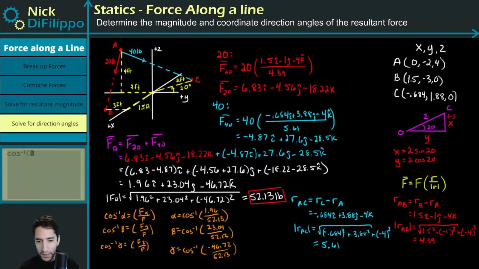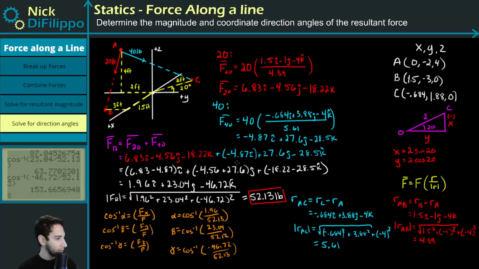So we have the inverse cosine of 1.96 divided by 52.13. The inverse cosine of 23.04 divided by 52.13. And the inverse cosine of minus 46.72 divided by 52.13.